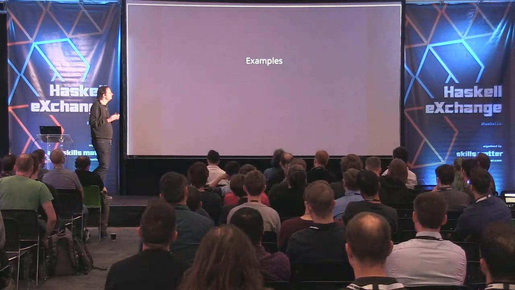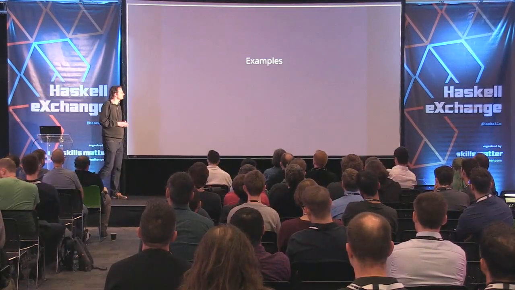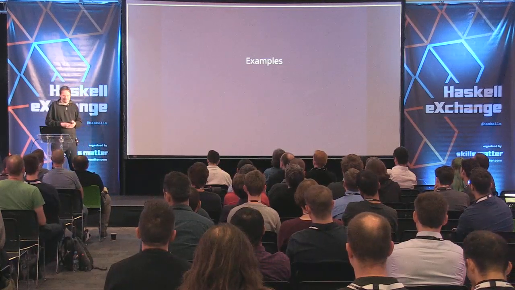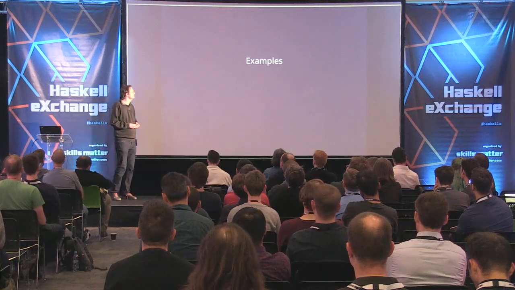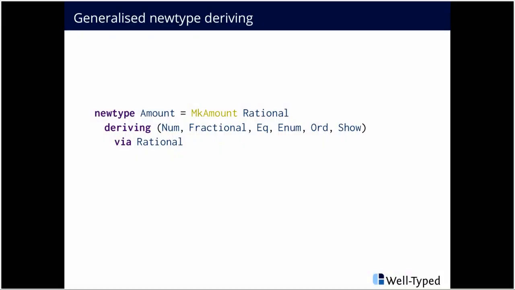Okay, so in the remaining time, I want to look at more examples and see that despite the fact that it's all very simple, you can do some very cool things with it. So first of all, that's not spectacular, but it's good to realize this.